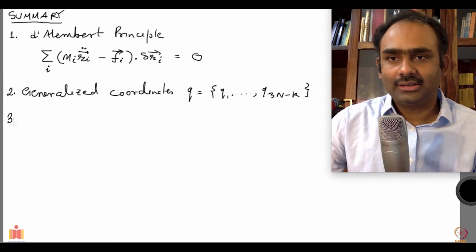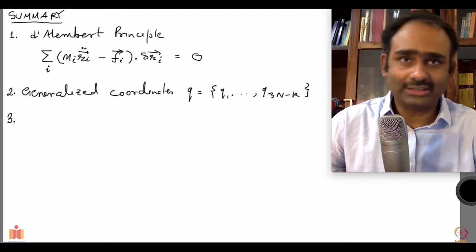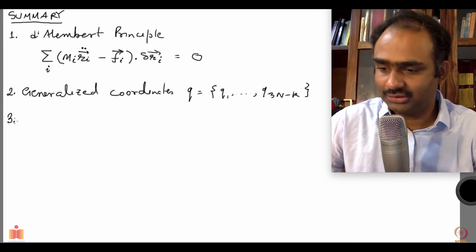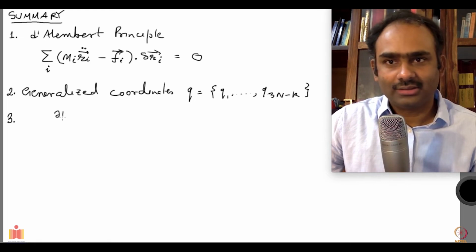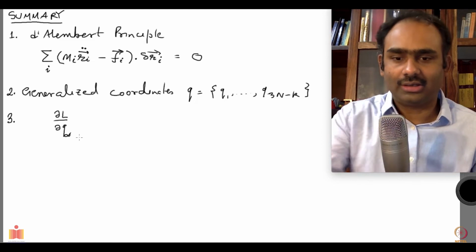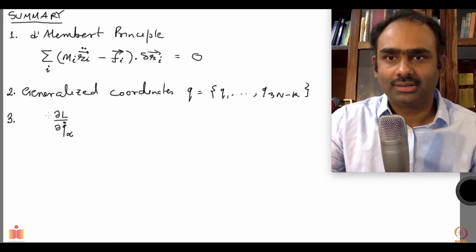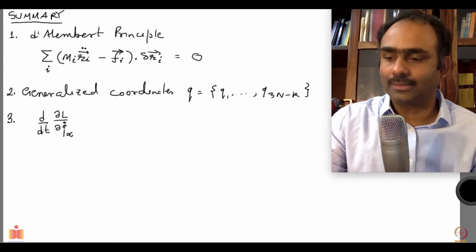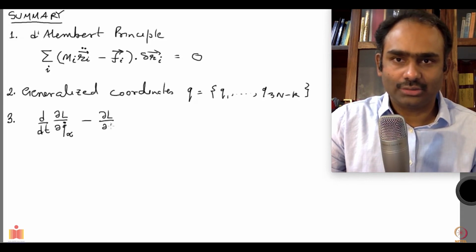Then we derived Euler-Lagrange equations, which are the equations of motion that describe the evolution of your system, and they were the following: d over dt, that's the total time derivative, of del L over del q alpha dot, minus del L over del q alpha.